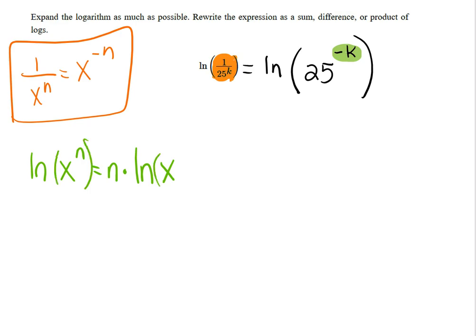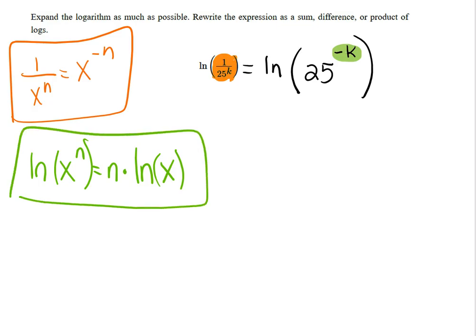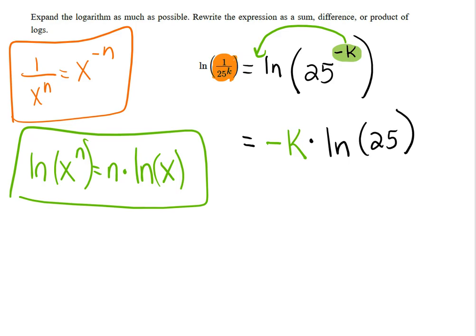It can be in parentheses or out of parentheses, whatever. So I'm going to use that rule, and this negative k is going to go out in front. So this is going to equal negative k times the natural log of 25.